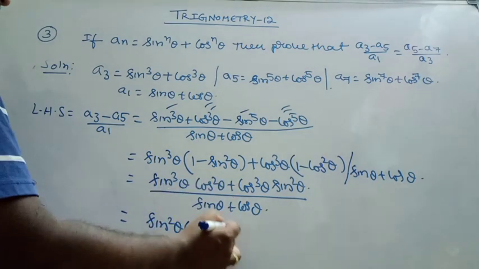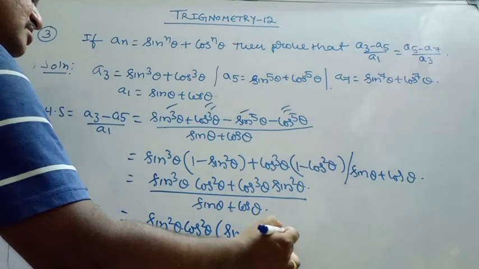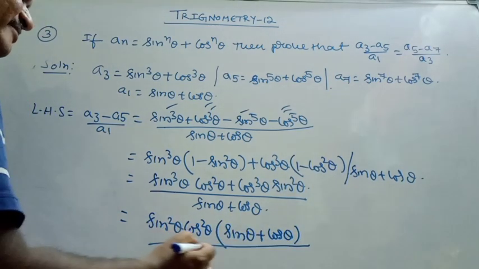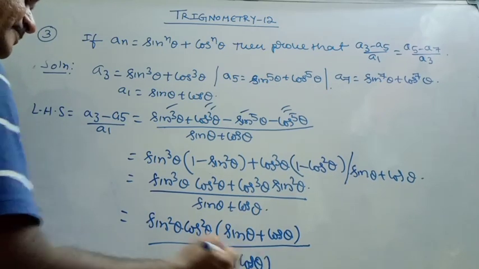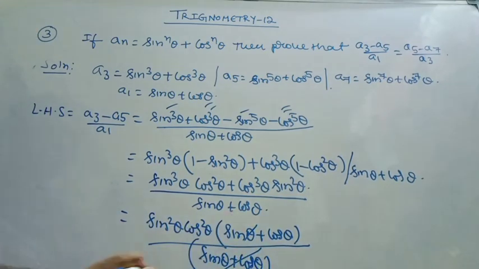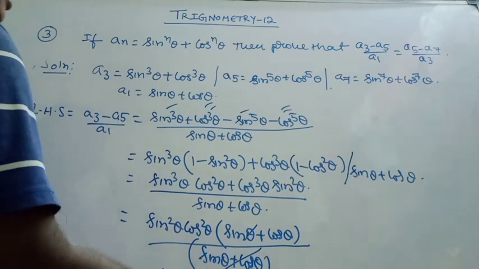If you take sin square theta cos square theta common, then you will be getting sin theta plus cos theta, whole thing divided by sin theta plus cos theta. This will cancel. Now we have got the left hand side part as sin square theta into cos square theta. Call it equation number 1.